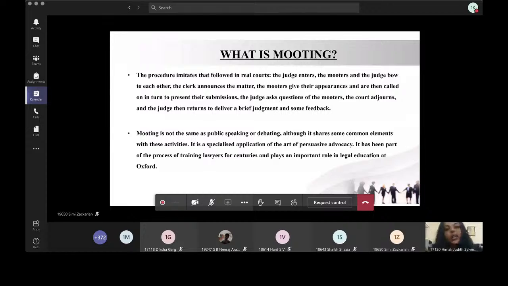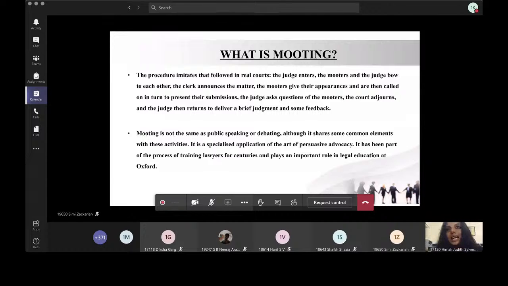So how is mooting different from public speaking or debating? Debating is not the same because debating is a wider issue, and mooting is only relevant to the legal area. It only entails whatever happens in the legal arena. So it deals with things related to legal issues only.